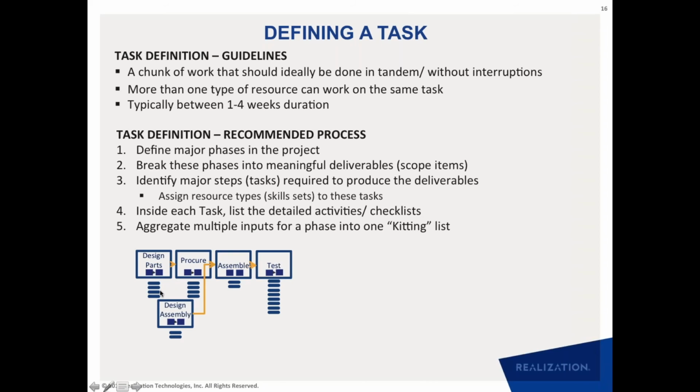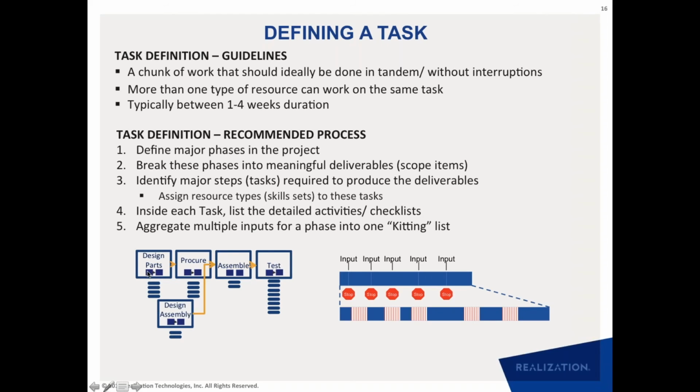Then we define what are the scope items that need to be done, what are the different modules that need to be designed, and what are the different modules that need to be procured, and what are the different sub-assemblies that need to be created, and what are the different tests that need to be performed. And we define what are the steps that each of these phases goes through. So that helps you define what is a task, what is a subtask very easily, starting top down from phase, going down from phase to scope, to deliverables, to tasks, and then to subtasks.